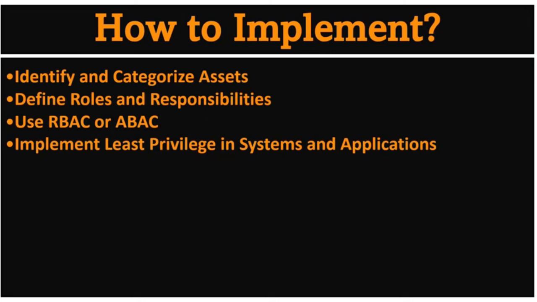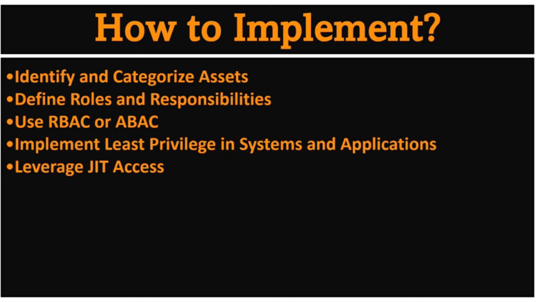For instance, grant users read-only access if they don't need editing rights. Regularly review and restrict your API access to specific endpoints necessary for each application or user. We will talk about more ways or where to implement least privilege in the next slide, I think.